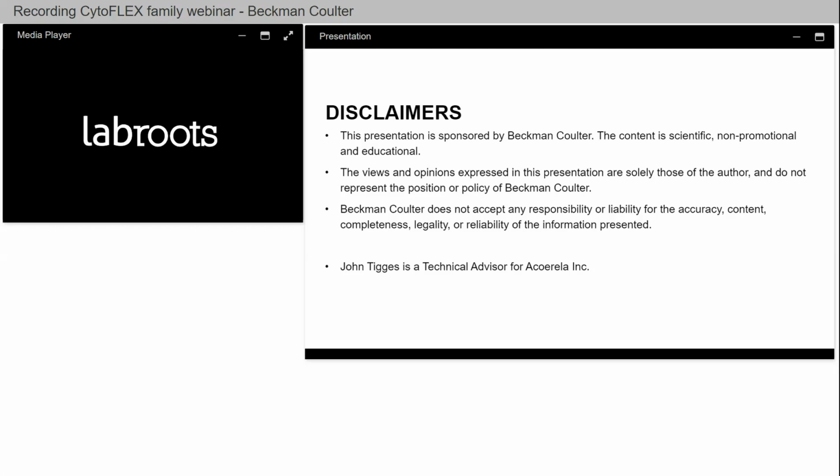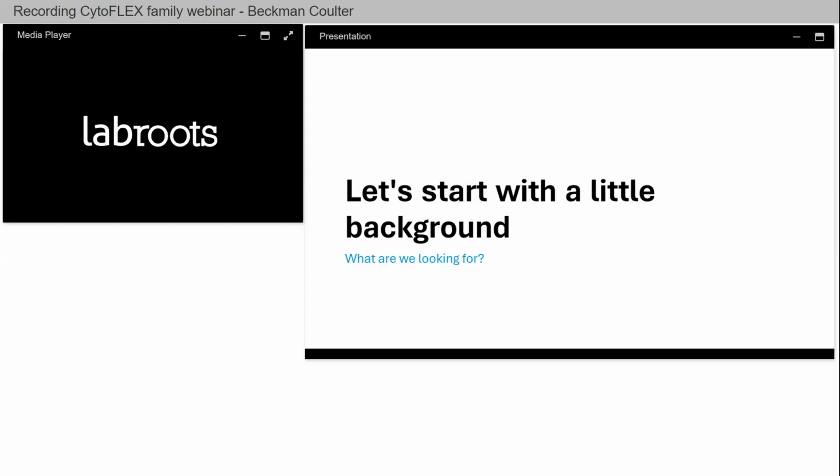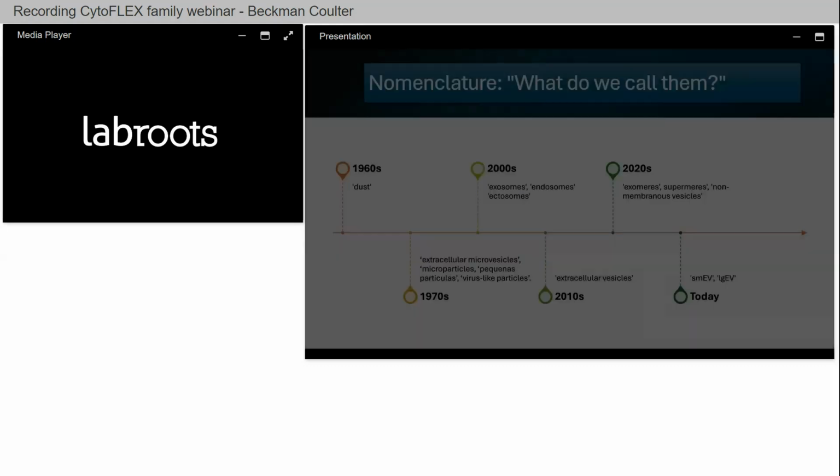So let's dive in. For those of you who may have just started looking at nanoparticle analysis and more directly nano flow cytometry, let's have a little background, just to see how these things came about and why they're important.